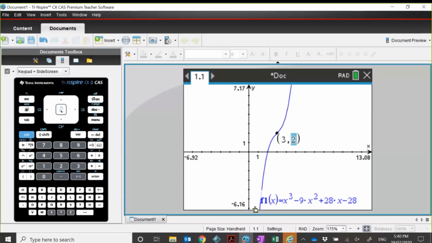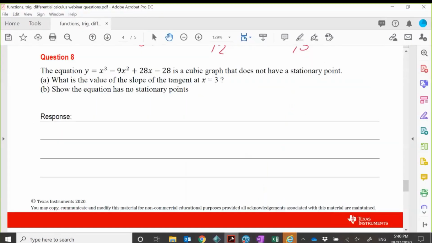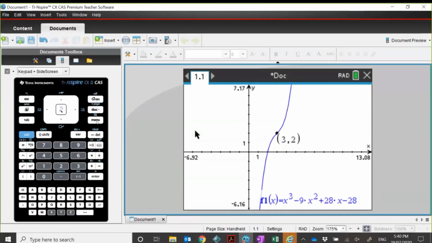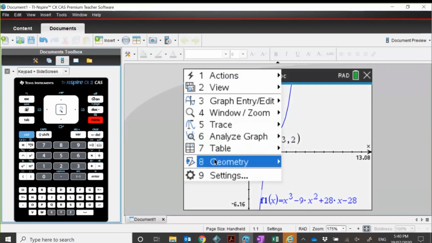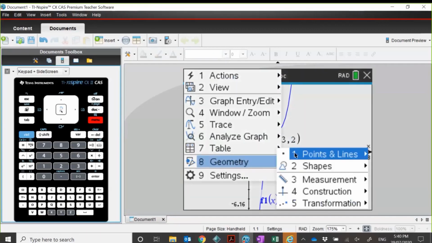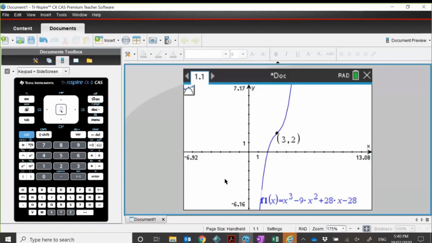The question said, find the value of the slope of the tangent at x equals 3. Now we can put a tangent on as well now. So menu, geometry, points and lines, tangent. And I'm going to put a tangent on the curve at that intersection point.